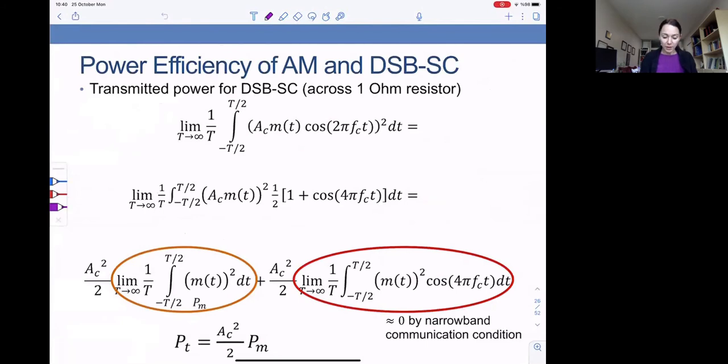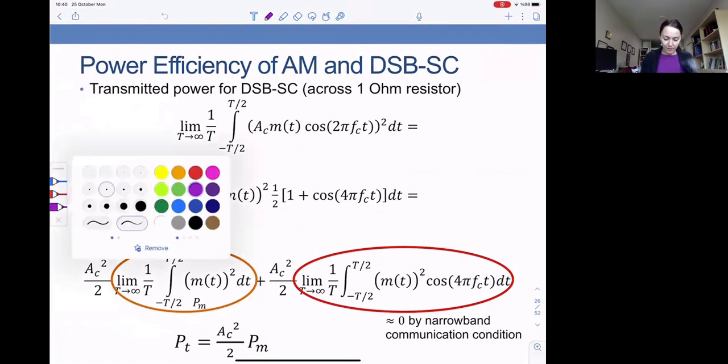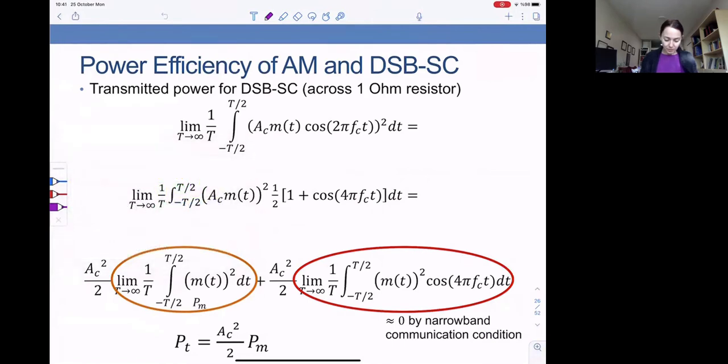For double sideband suppressed carrier, we computed the transmit power as Ac squared over 2 times PM. PM is the power in the message signal m(t).